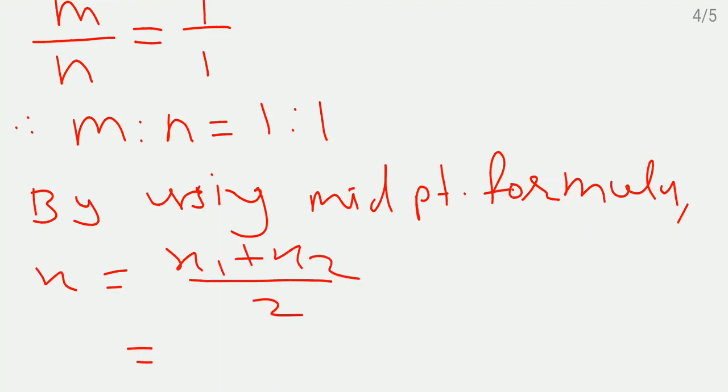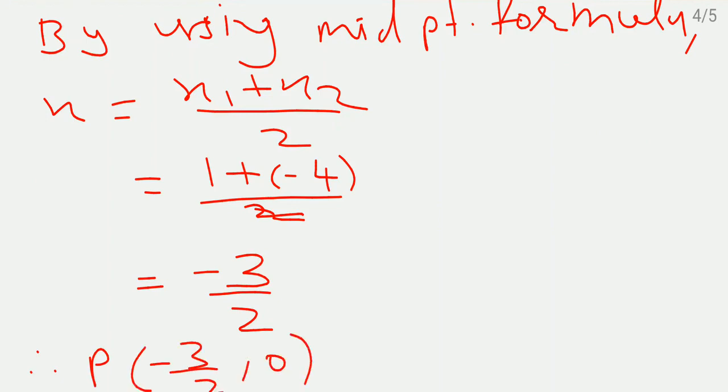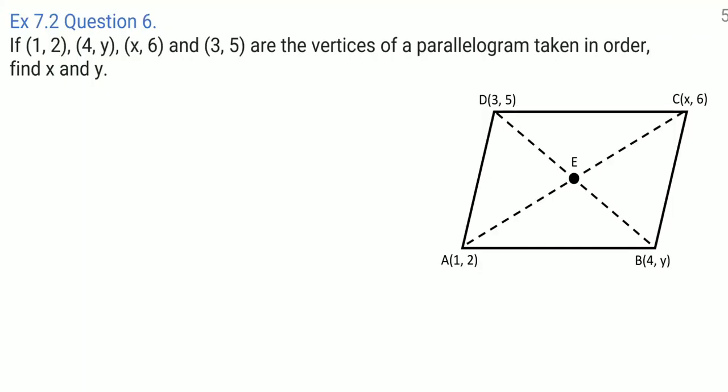Now x1 we know is 1 and x2 we know is minus 4, divided by 2. So our answer comes as minus 3 by 2. Therefore the coordinates of point P are minus 3 by 2 comma 0. Correct? This way we get the coordinates of point P which is there on the x-axis as well as on line segment AB.